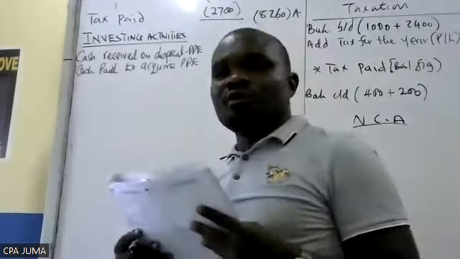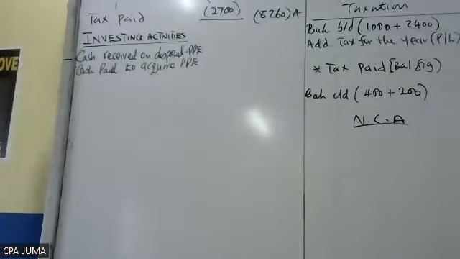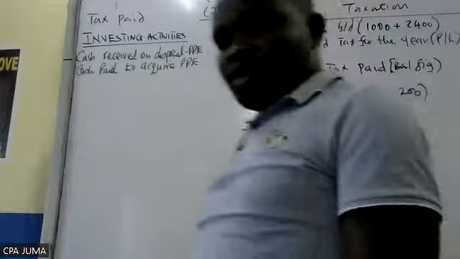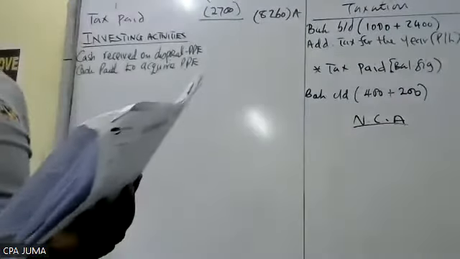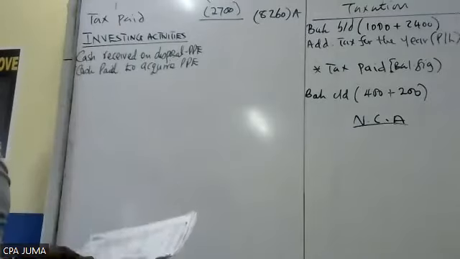Check additional information number 2. So in note number 2, during the year, Costa sold its factory at a fair value of how much? 24.